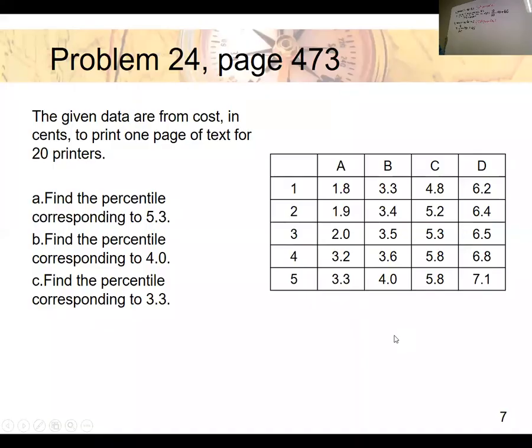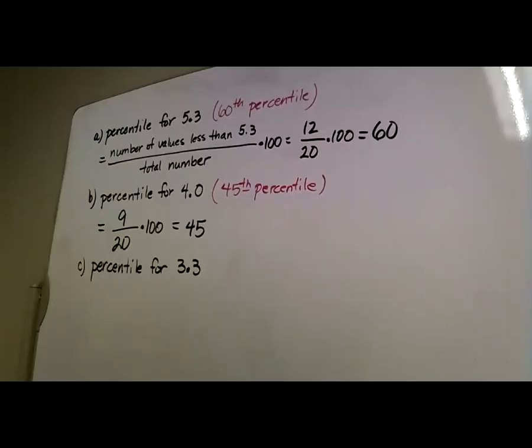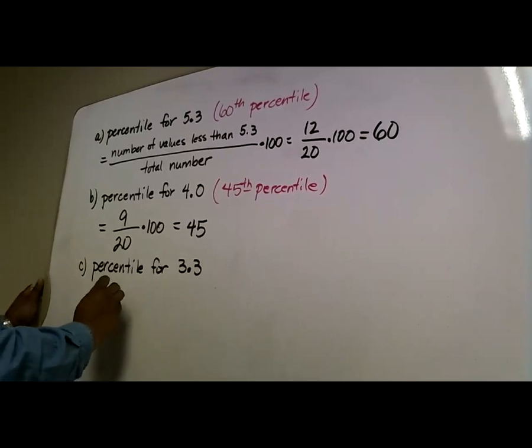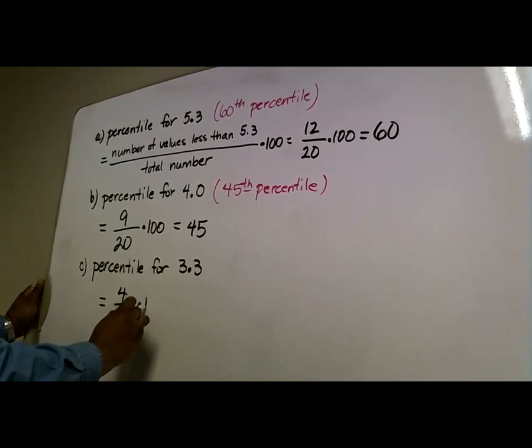All right, and finally, part C, the percentile corresponding to 3.3. Now this time, how many data values are less than 3.3? It'll be 4, because here's 3.3, and we have 4 data values that are less than 3.3. So to find that percentile, we take 4 divided by 20 times 100.